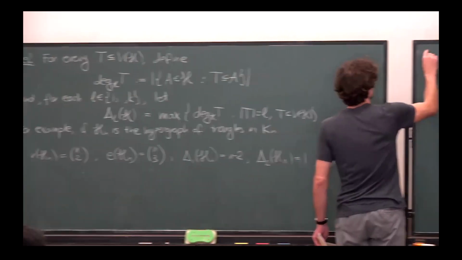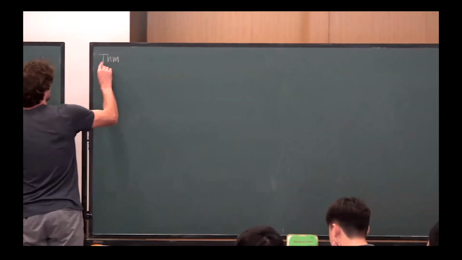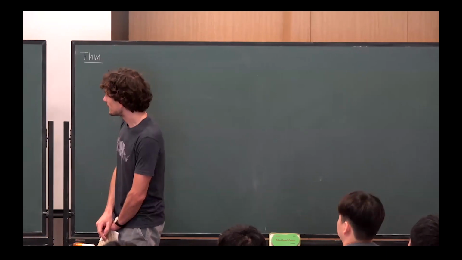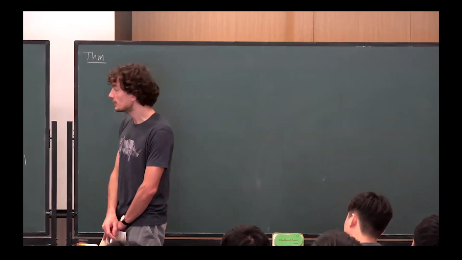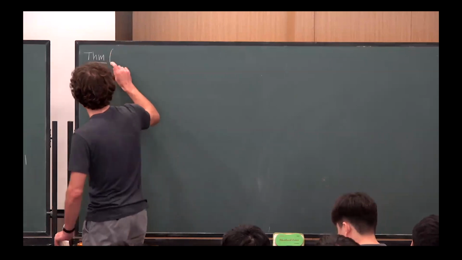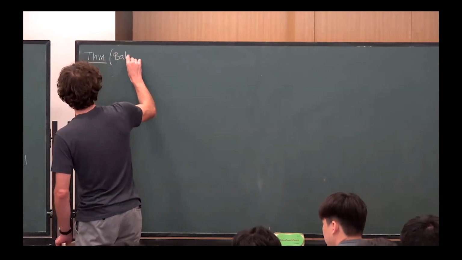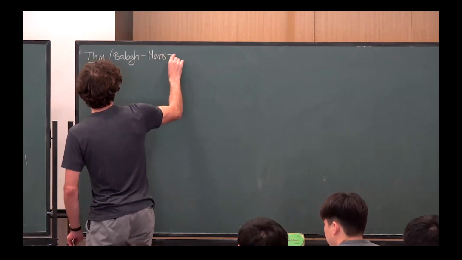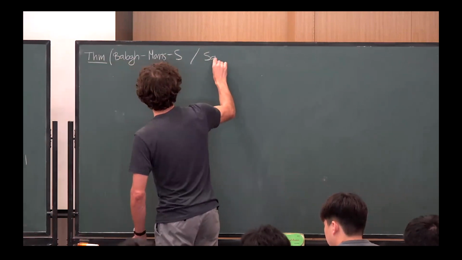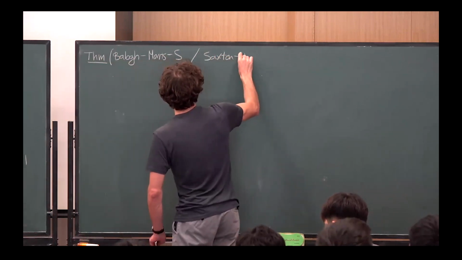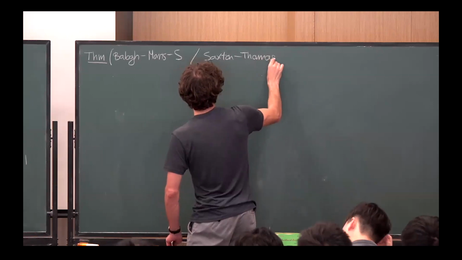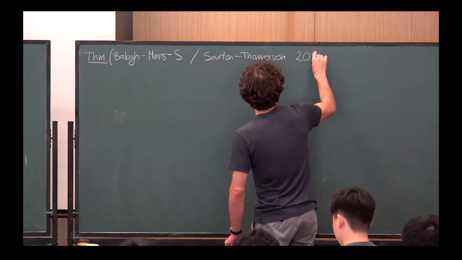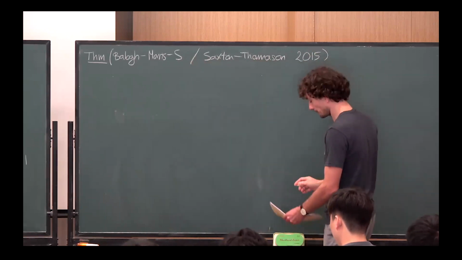And with this definition in place, I can now state the general container theorem for independent sets in hypergraphs. This theorem was proved by Balogh, Morris, and myself, and independently by Saxton and Thomason in 2015.